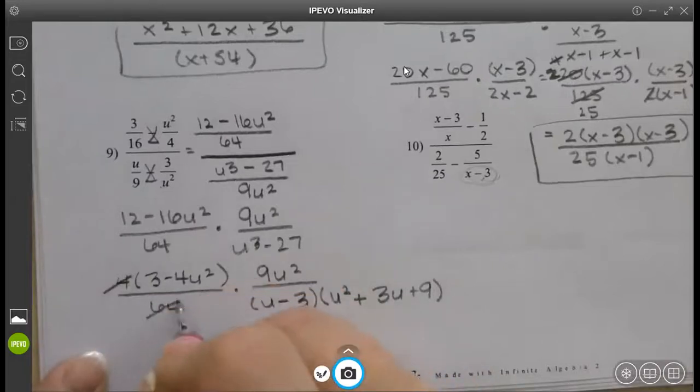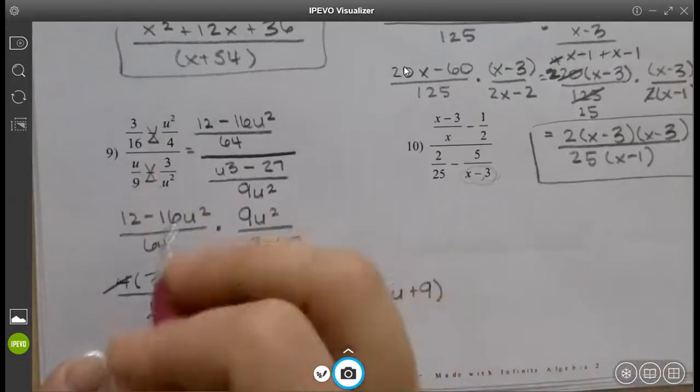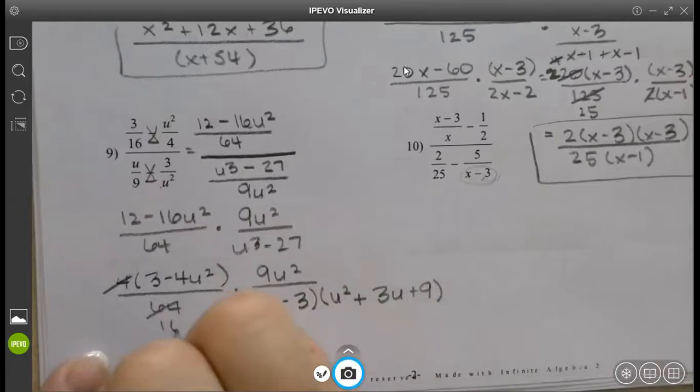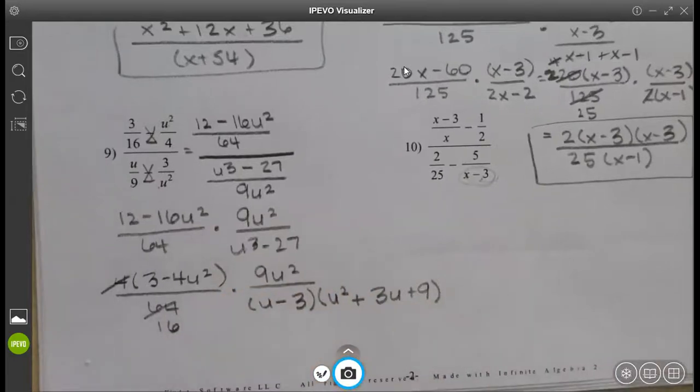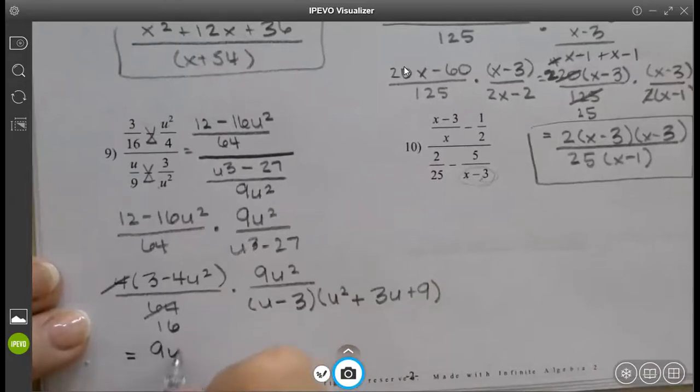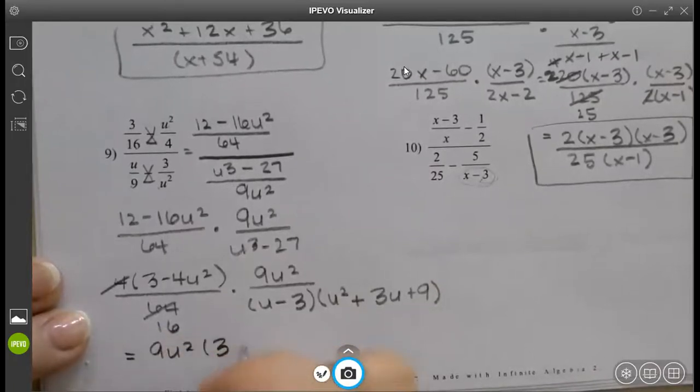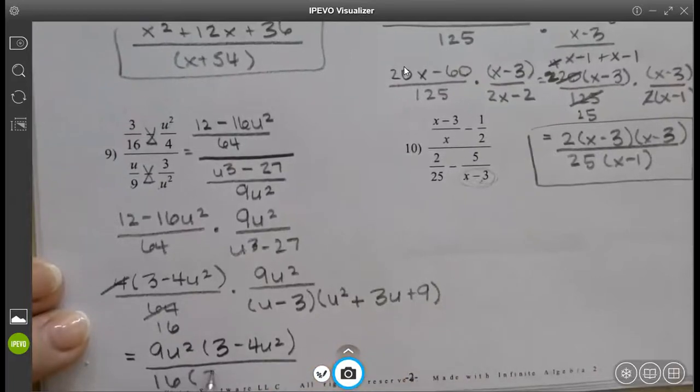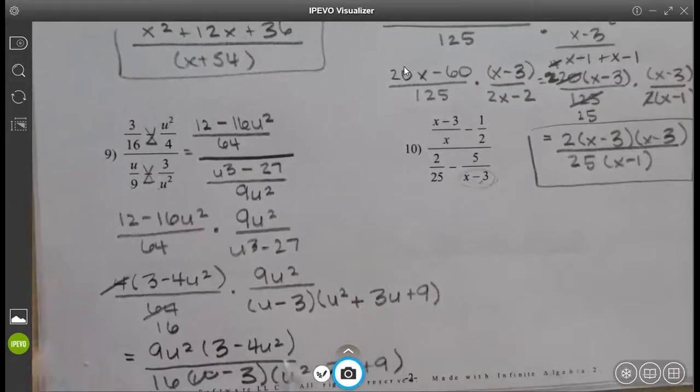Only 4 and 64. So it reduces to 1 over 16. So your final answer for this one, we have 9u squared times 3 minus 4u squared over 16 times u minus 3, u squared plus 3u plus 9.